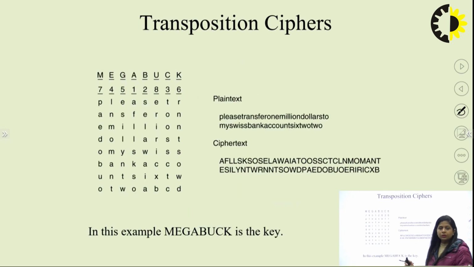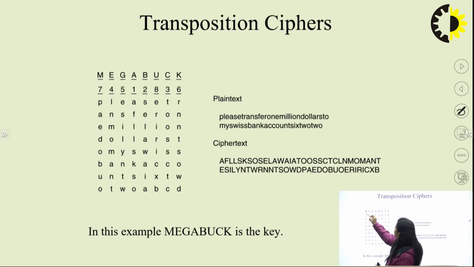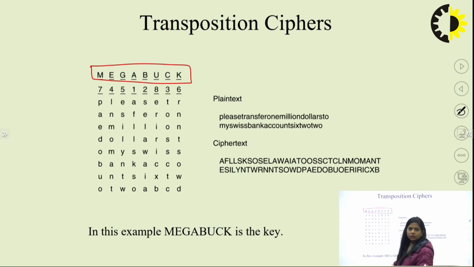How is it working? Okay, next we have transposition ciphers. Here we will have a key. In this example, I have a key that is MEGABUCK. This is the key, right?